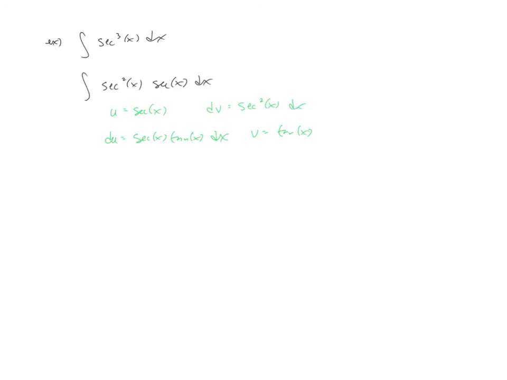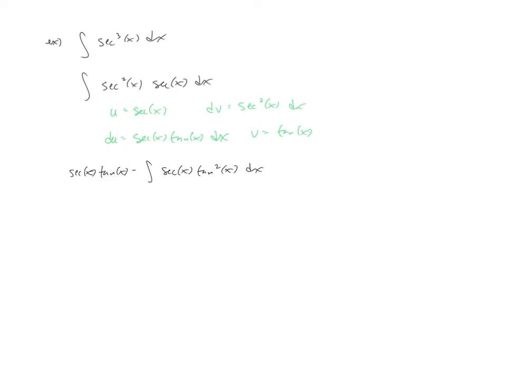All right, so as we put this stuff together, we now have uv minus the integral of v du. So for us, it's going to be secant x tangent x minus the integral of secant x times tangent squared x dx.